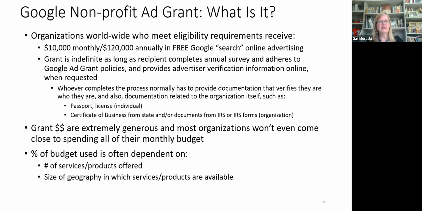It's very, very unlikely that you would ever even use the whole $10,000 a month or the whole $120,000 annually. I have yet to work with any nonprofits that have, but I've worked with some that have been able to use a good percentage of it.